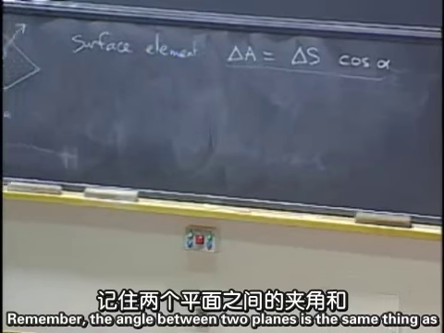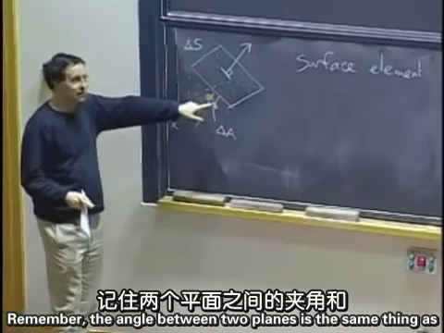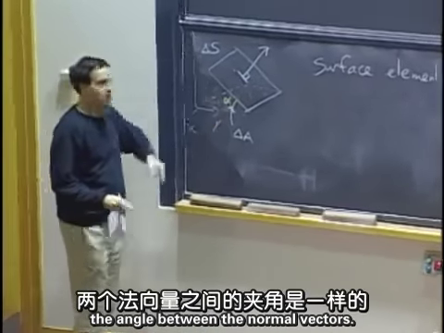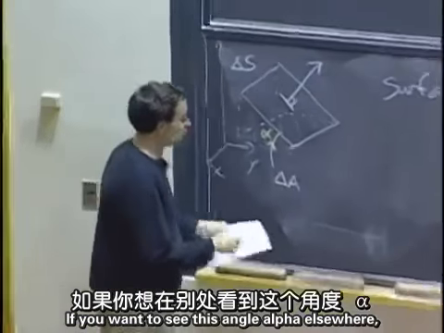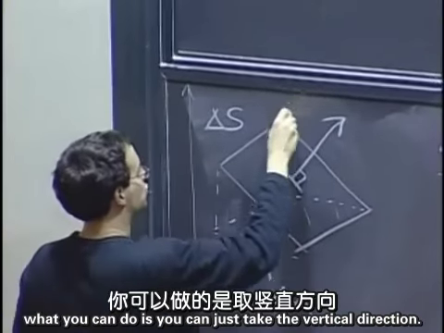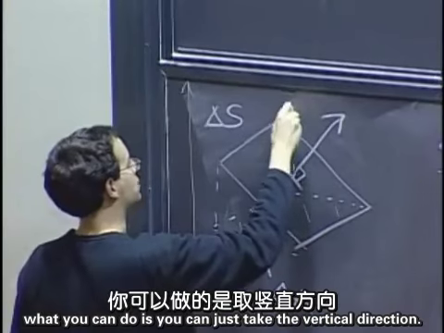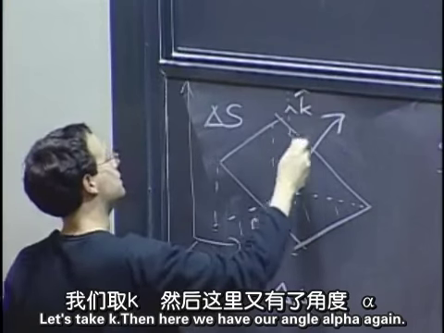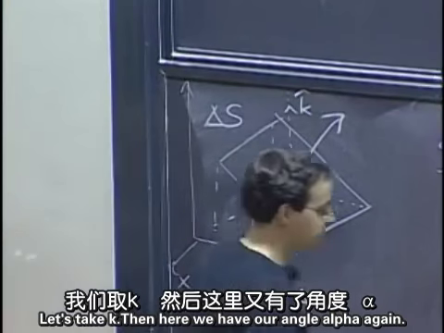So remember, the angle between two planes is the same thing as the angle between their normal vectors. So if you want to see this angle alpha elsewhere, you can just take the vertical direction, let's take K. Then here we have our angle alpha again.